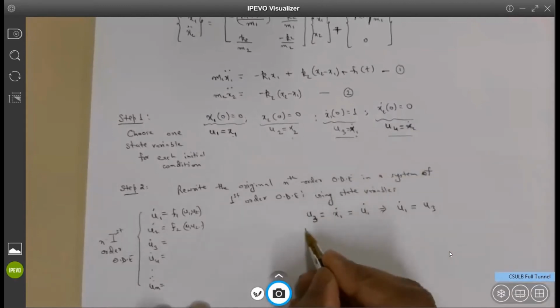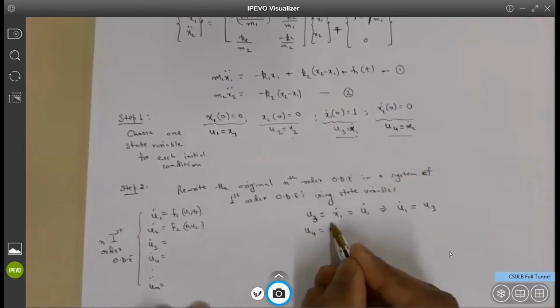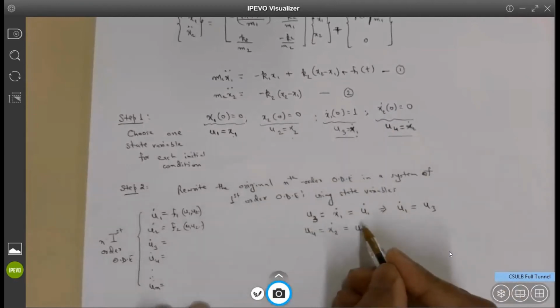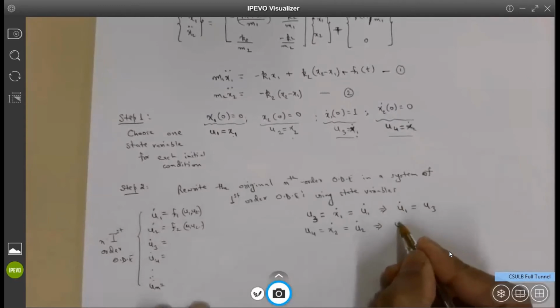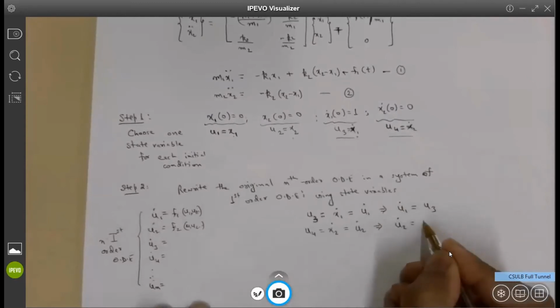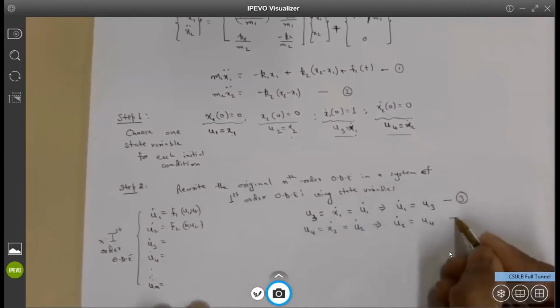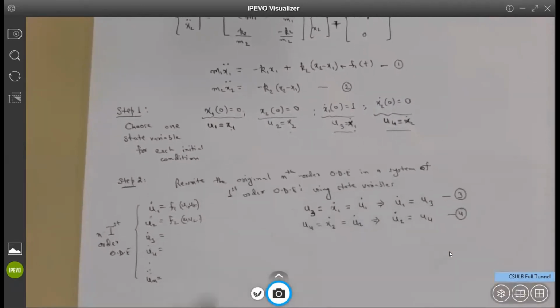Similarly, U4 I have selected as X2 dot, and X2 is basically my U2, so I can represent it as U2 dot. So eventually I got another equation, U2 dot is equal to U4. So this is my, let's say, 3rd equation and 4th equation. Are you following it so far? Yeah. Is everybody with me so far?